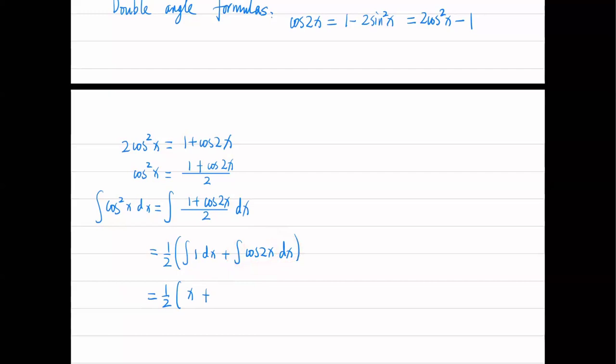Okay, so Sakina, what do you think? Antiderivative for cosine 2x. And Sophia, so something whose derivative is cosine 2x.